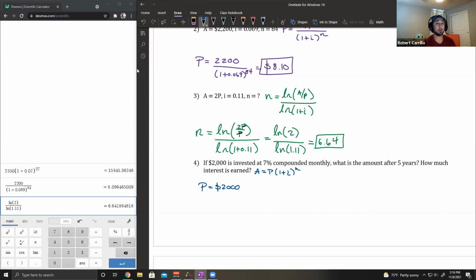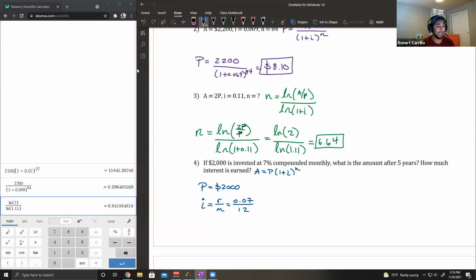And then we are investing it at 7% compounded monthly. So this is where we fill in that i value. Remember that i is the rate over the number of compoundings. Well, our rate is 7%, so 0.07, and our compoundings are monthly. So when you compound, it's how many months are in a year. So when we say compounded monthly, it's going to be 0.07 over 12.